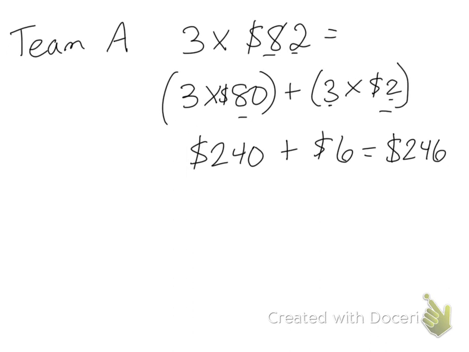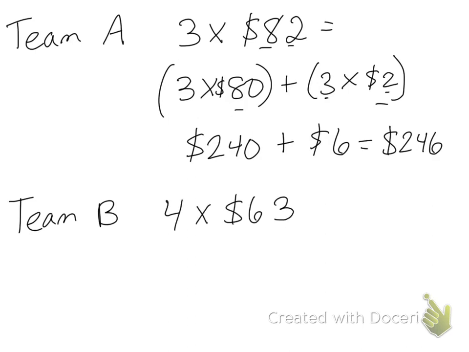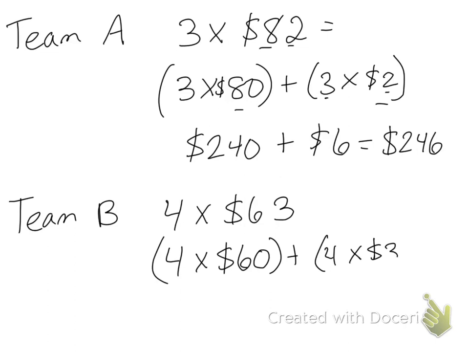All right. So let's figure out how much Team B has. So Team B has 4 groups of $63. We can split this up into 4 groups of $60 plus 4 groups of $3.